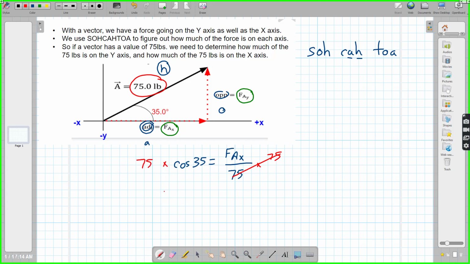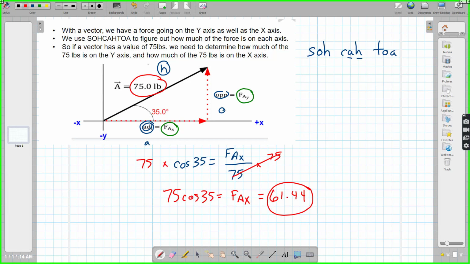So FAX is going to equal 75 cosine of 35. I'm going to put that in the calculator, and I end up getting about 61.44. Okay, so our FAX here is 61.44.